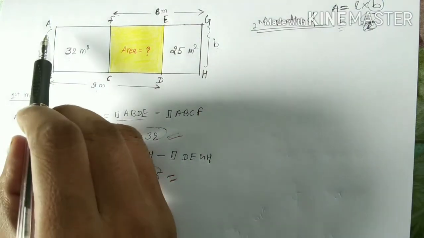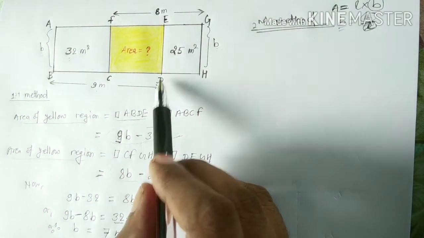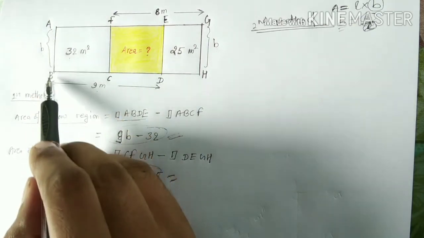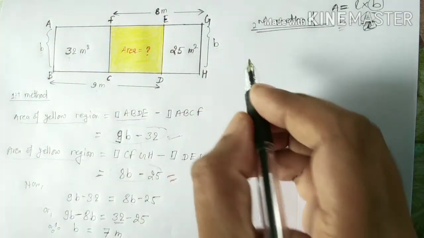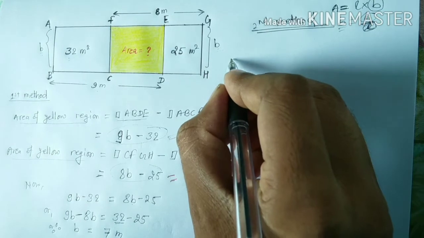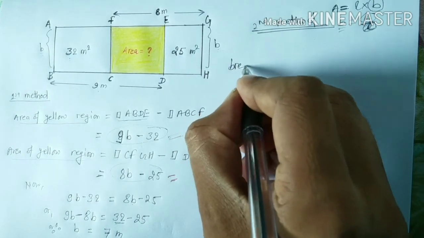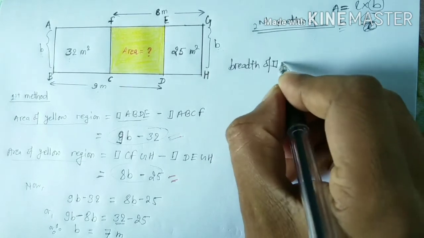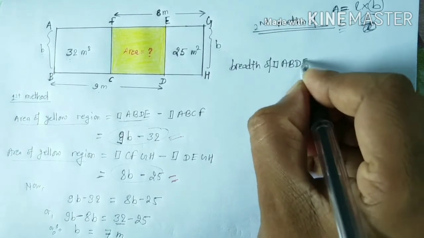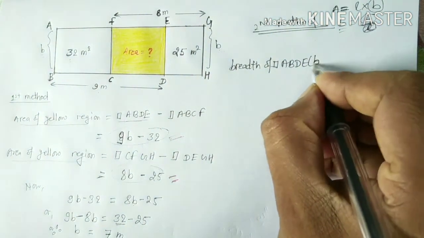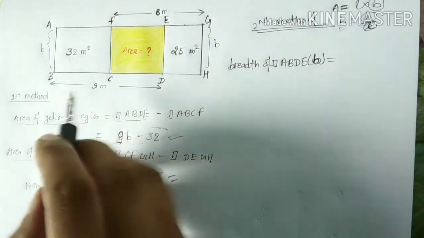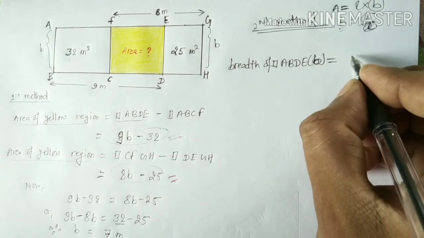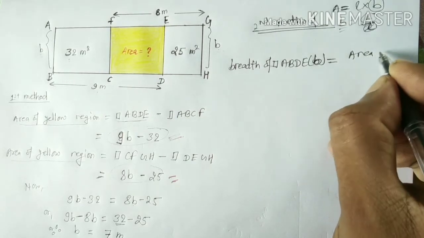So from the rectangle ABDE, if you try to find the breadth of the rectangle ABDE, that is B, we have let it as B here, as you can see in the question, and B is equal to area by length.